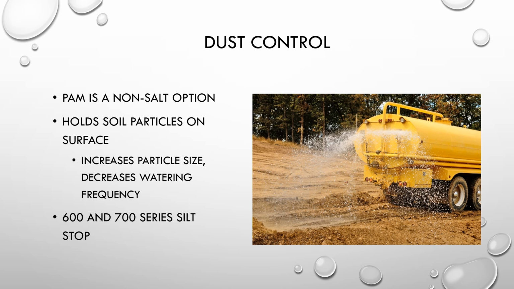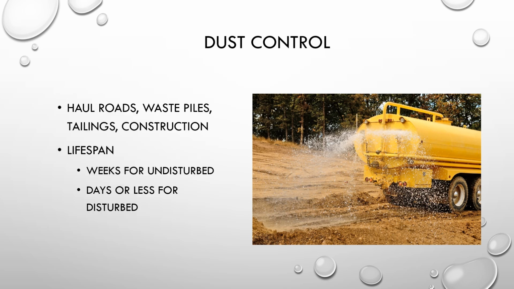For dust control, we can use both the 600 and 700 series, so the liquid PAM emulsions, and also the granular. The granular and the liquid both need to be mixed into a water truck or a hydroseeder and sprayed on the soil surface. Common applications would be things like haul roads, waste piles, tailing piles, construction sites.